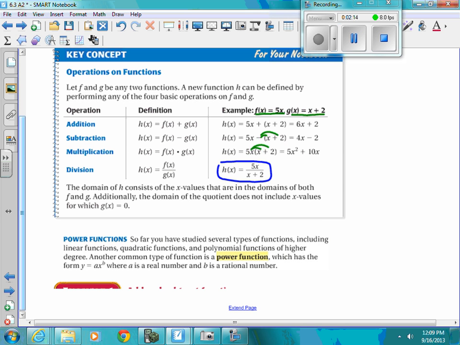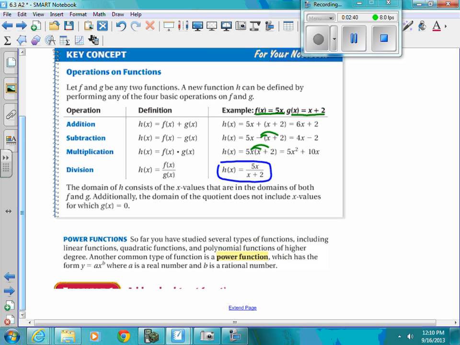So sometimes domains are limited. For the rest of these examples, the first three, its domain is all real numbers because it doesn't matter what we plug in to f of x or g of x. You get a real number output. There's no ratio, so there's nothing we can't plug in. Okay? And it talks about it here that the domain of the quotient does not include x values for which g of x equals 0.